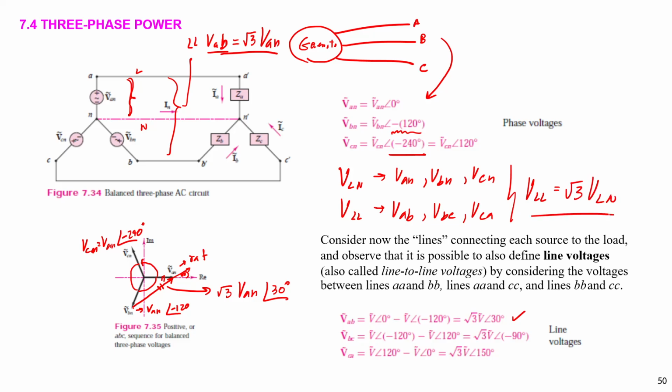So for example, the voltage of the power distribution in this campus. In this campus, we transmit three-phase power.